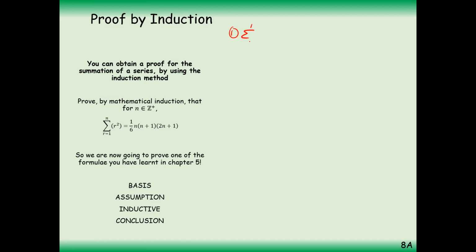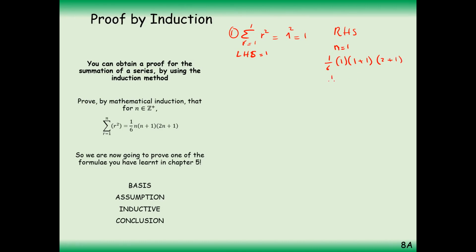This summation from 1 to 1 of r squared is basically 1 squared, which is 1. So on the left hand side we have a 1. On the right hand side, if we substitute 1 for n, we will have 1/6 multiplied by 1 multiplied by 1 plus 1 multiplied by 2 times 1 plus 1, which is a 3.